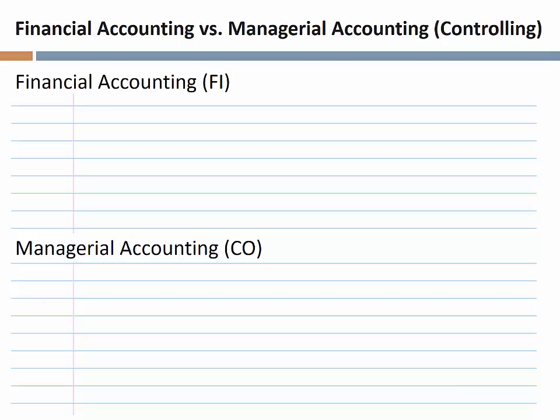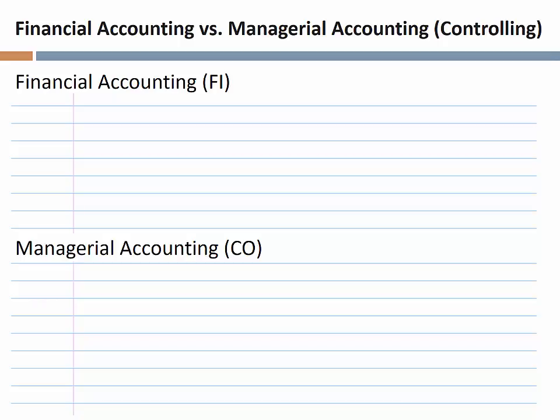Okay, well, I guess I'm not going to be able to write on the screen here at least for a moment, so let's just talk through these and you'll just have to jot them down on your own. One of the key facets of financial accounting is keeping track of the financial accounting implications of our business processes and reporting those on standardized financial statements.